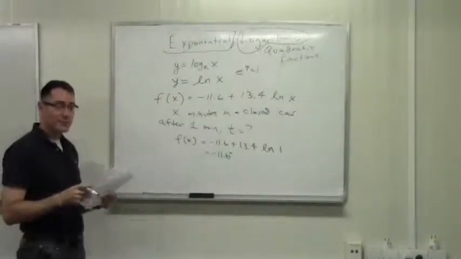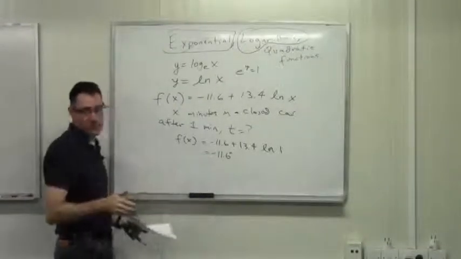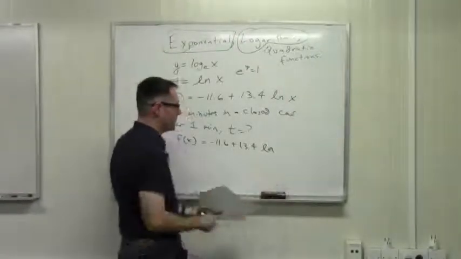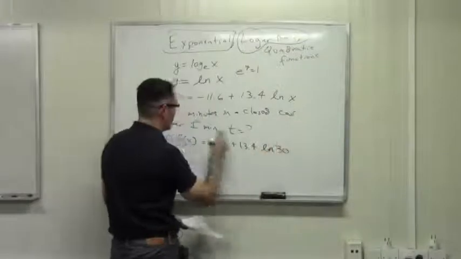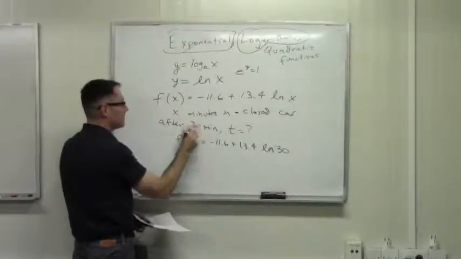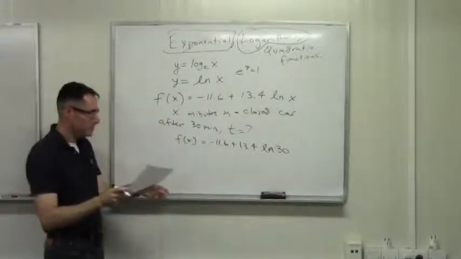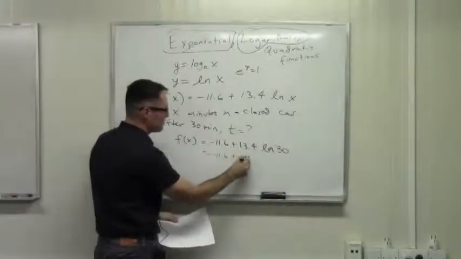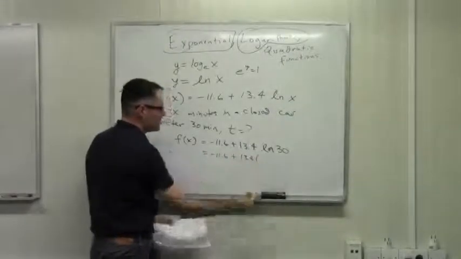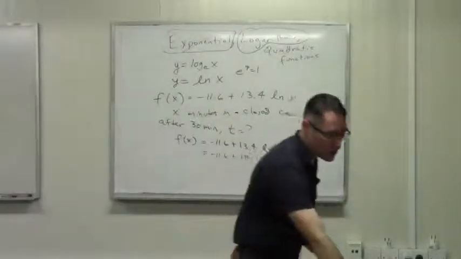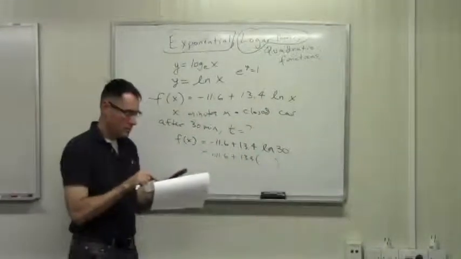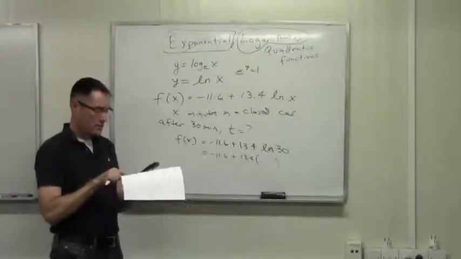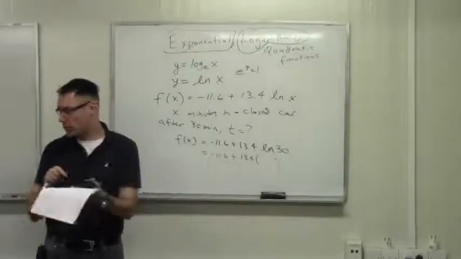So this doesn't model this very well for 1 minute. Sometimes these models aren't perfect. Let's try 30 minutes. Instead of natural log of 1, we're going to do natural log of 30. Negative 11.6 plus 13.4 times the natural logarithm of 30. Natural logarithm of 30 is 3.4.